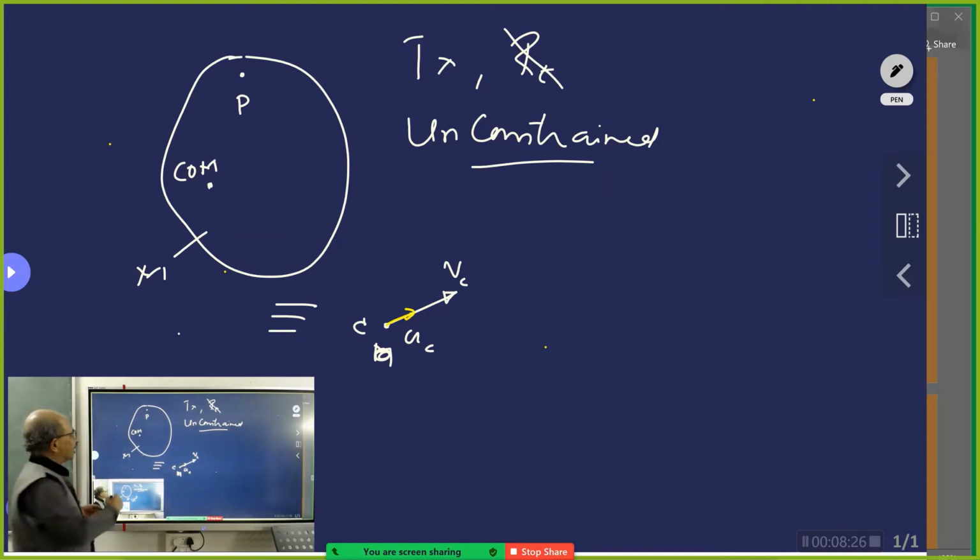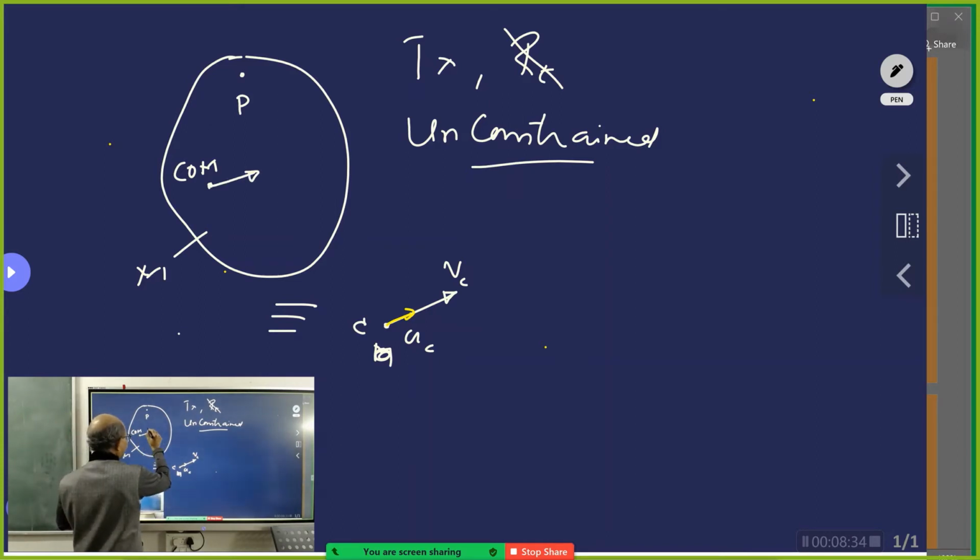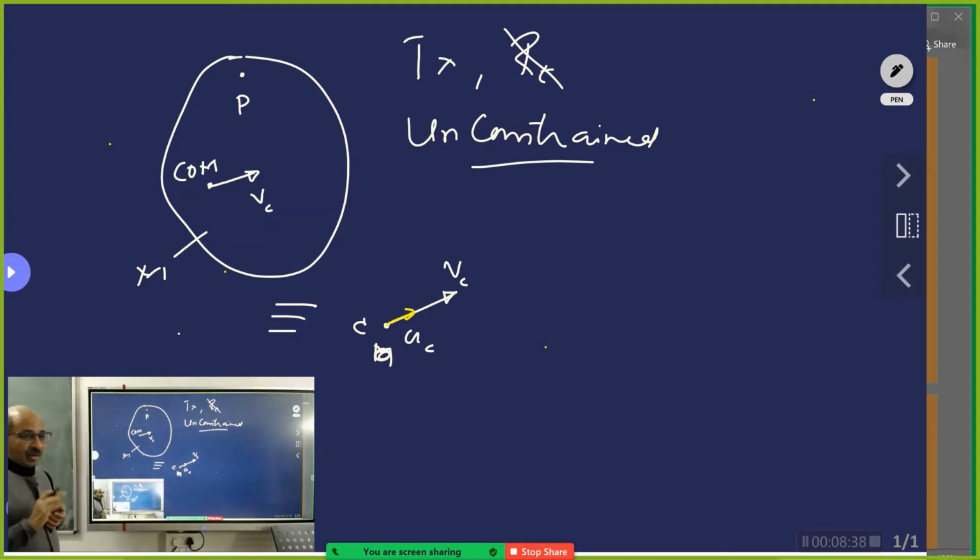So if I say this body is translating as well as rotating, then for sure the center of mass has velocity vc. Now just understand this.